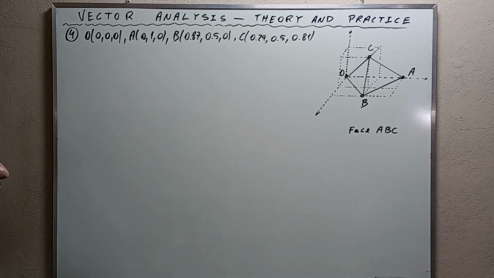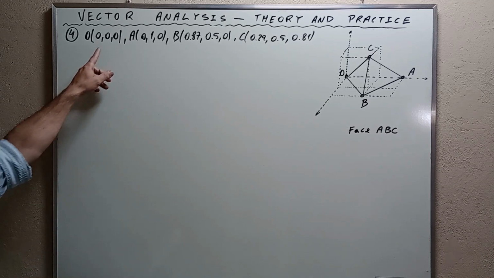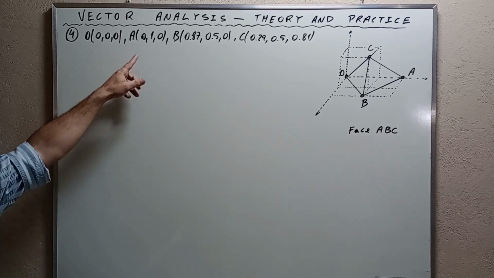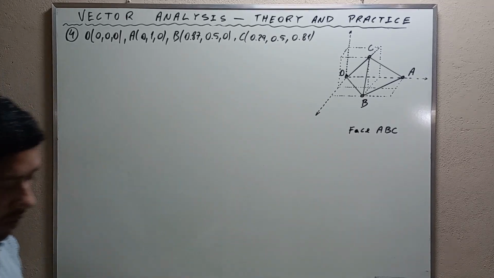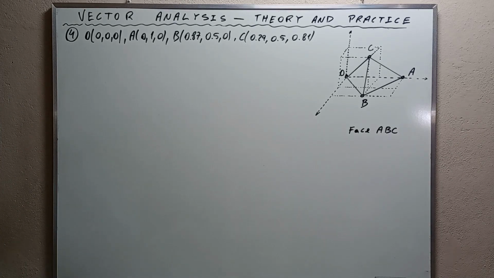The 4 vertices of a regular tetrahedron are located at the points the origin, point A, point B, and C. Letter A, find the unit vector perpendicular to face ABC, pointing outwards.